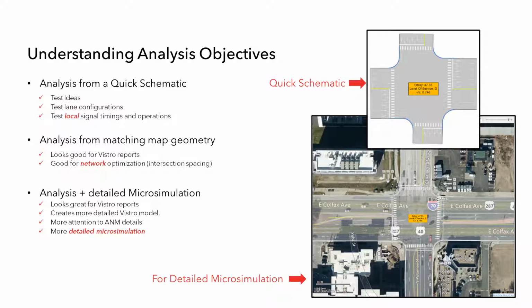You don't need a lot of details. But if you want a detailed microsimulation, you'll need to add extra details in Vistro, such as medians and maybe the exact curvature along the roadway. For a SPUI example that I'll be talking about a little bit later, I'll illustrate how understanding the analysis is important from the beginning.